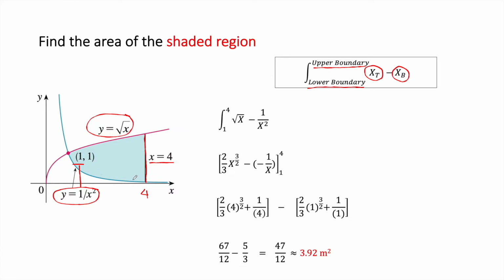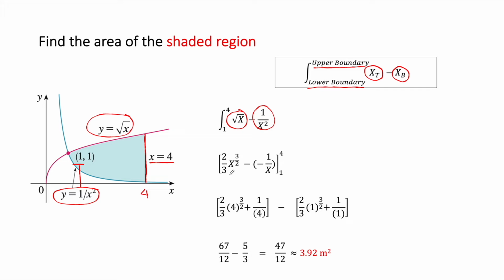values as the boundaries. So as you can see here, I have made the equation, which is just the square root of x, which is the top equation, minus 1 over x squared, which is the bottom equation here. And I've chosen the upper and lower boundaries, 4 here and 1 there.